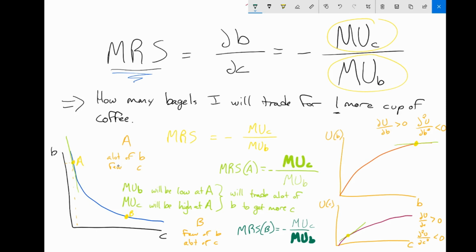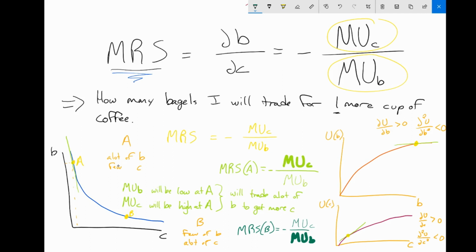And so what that will mean is that I am willing to trade very few bagels to get an additional cup of coffee. One more cup of coffee doesn't help me very much. I already have a lot of it. And I have very few bagels, which means one bagel means a lot to me.